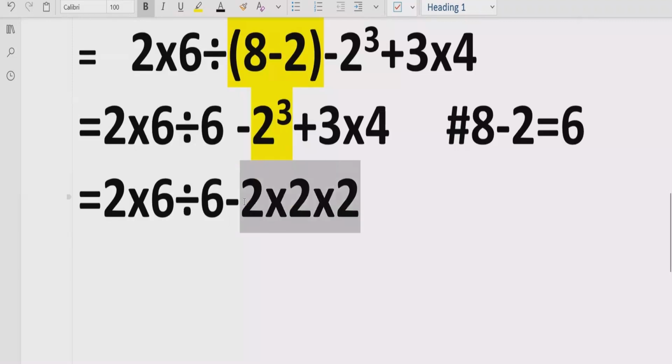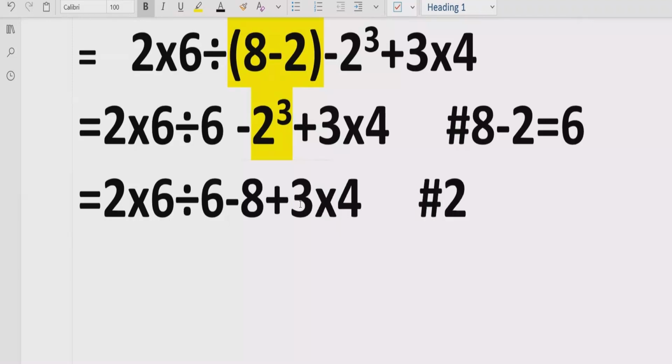We will multiply these terms and get 2 times 2 is 4, 4 times 2 is 8. And plus 3 multiplied by 4, we will write as it is. Here we will give the reference 2 raised to power 3 equals to 8, and this part we will write as it is.